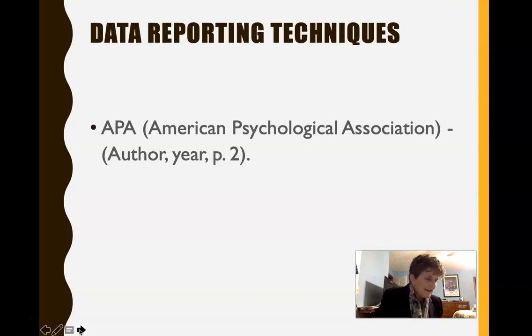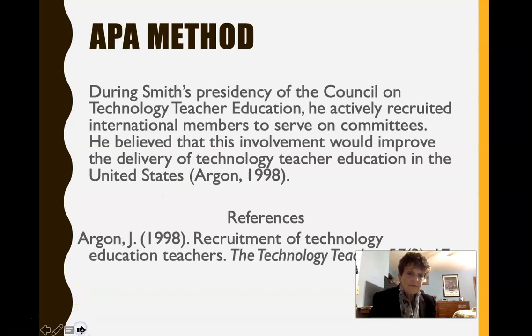So we get to the thing that probably causes a lot of anxiety for a lot of people, which is how you report your data. And everything that we do in this is guided by APA, which is the American Psychological Association. And this is normally the format that you use.